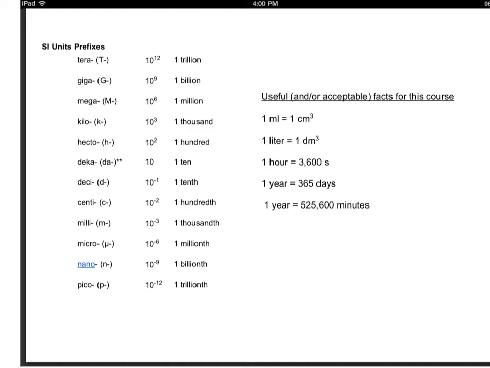Alright, so when we work with the SI system, one of its strengths is that it's really easy to modify a unit. We can use prefixes to modify any unit. In much the same way, if you were talking about a submariner or a subway, you can use the prefix sub, which means under, to modify what you're talking about.